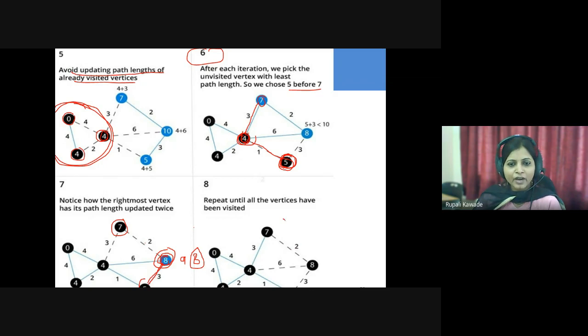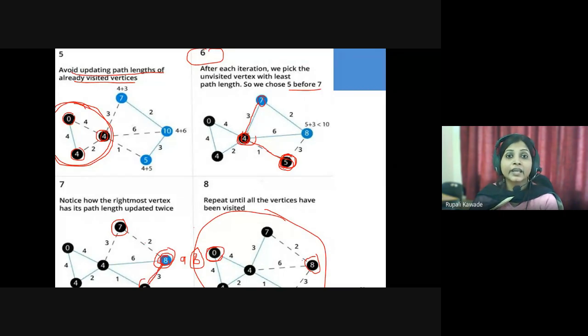So whatever final diagram you are seeing, what is it showing? It is showing all the vertices with their minimum length from this first vertex. Okay, got this concept? What is the significance of this 8? 8 indicates that the shortest path available for this particular vertex from the 0th vertex is 8.